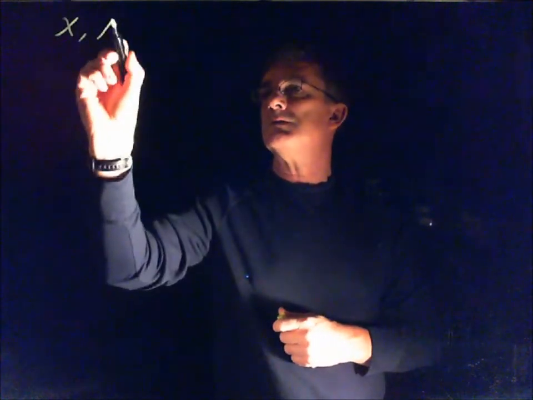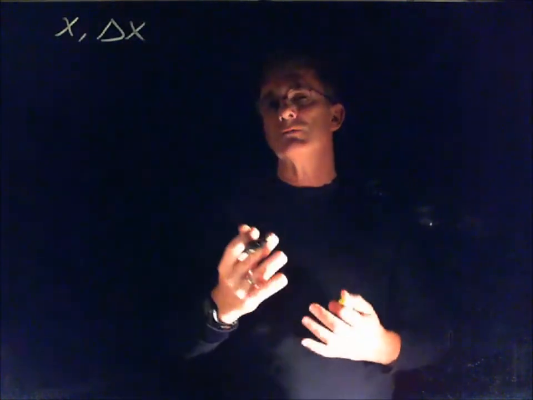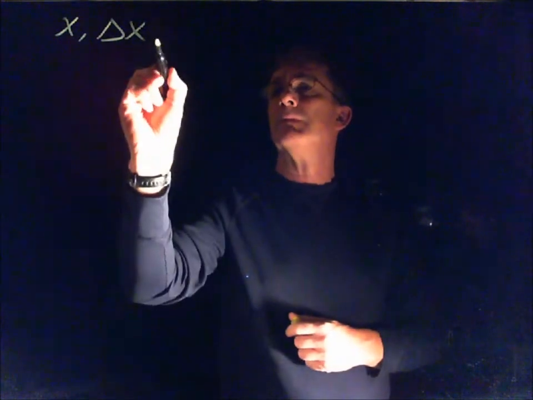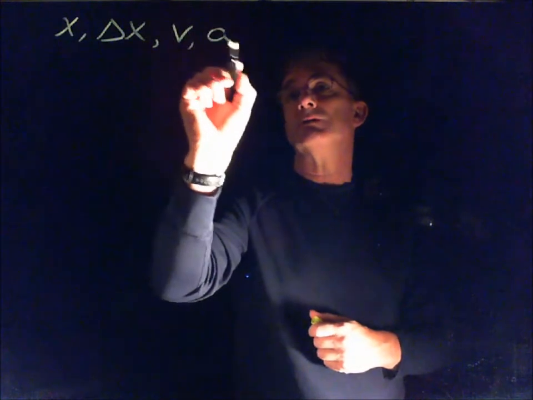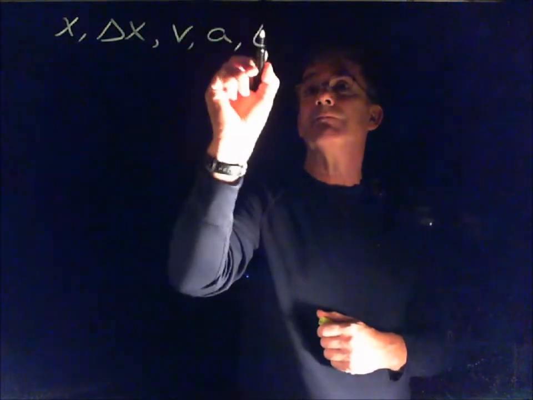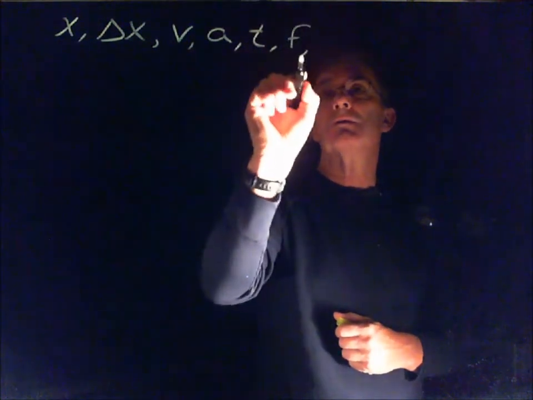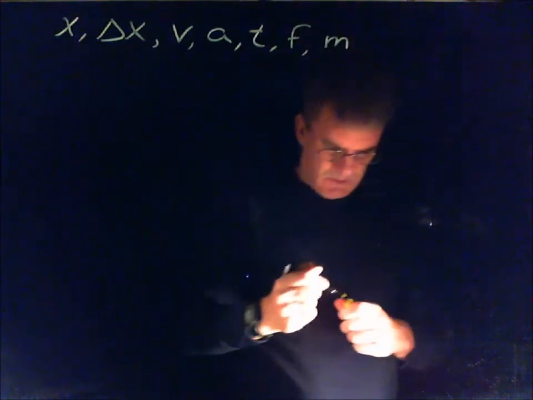Let's take a second and look at the vector aspects of all these terms that we've been dealing with. Let's list all the terms that we have encountered so far. We have x, which is position, delta x, change in position or displacement, velocity, acceleration, time, force, and mass.